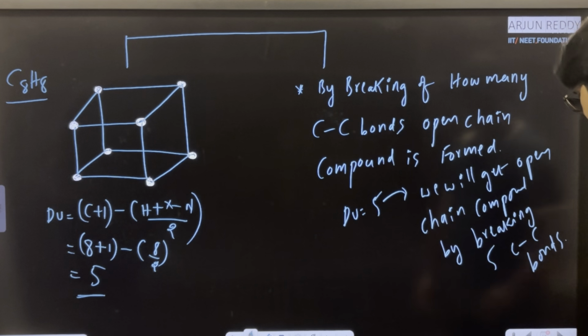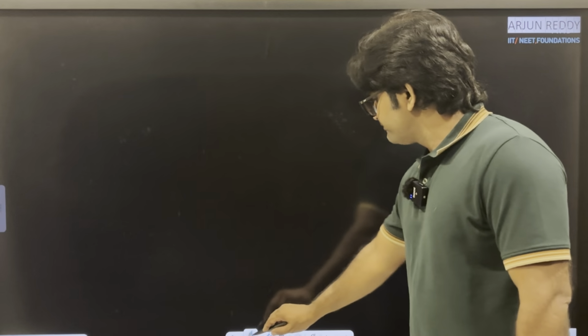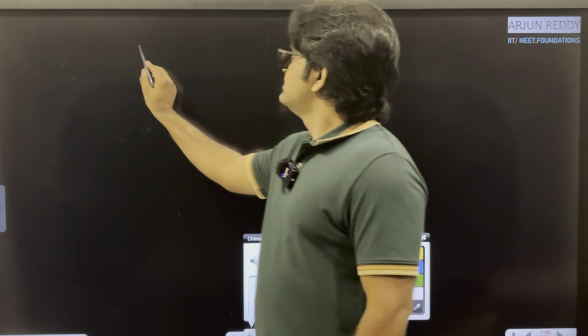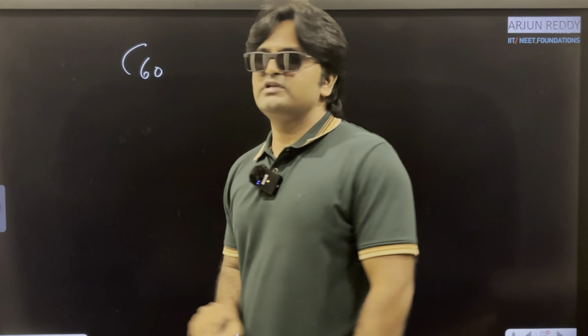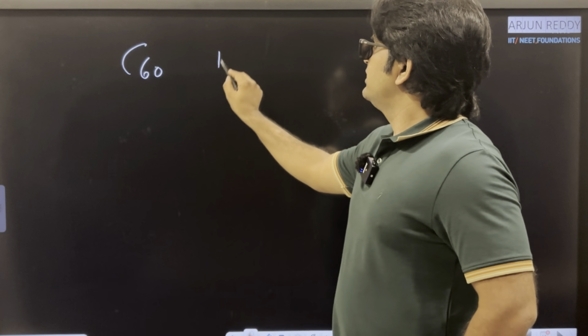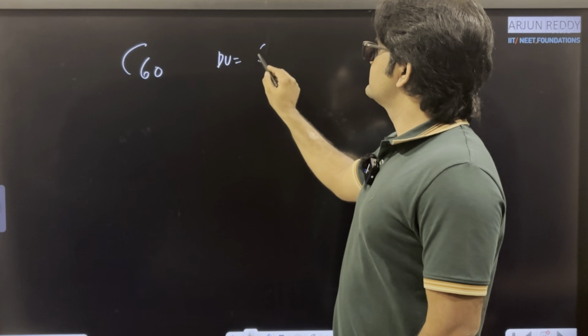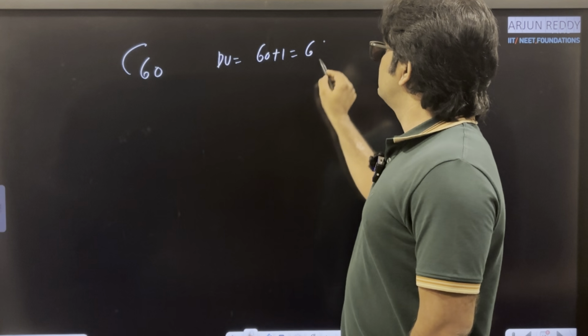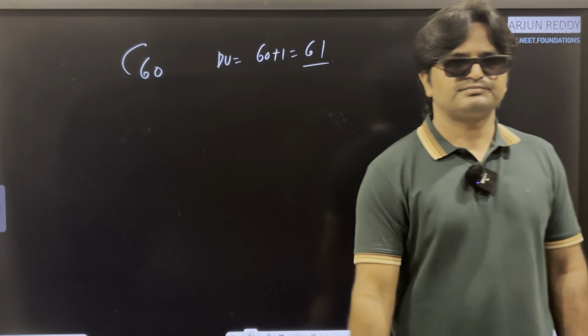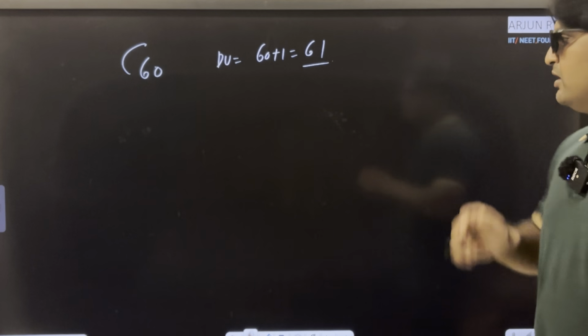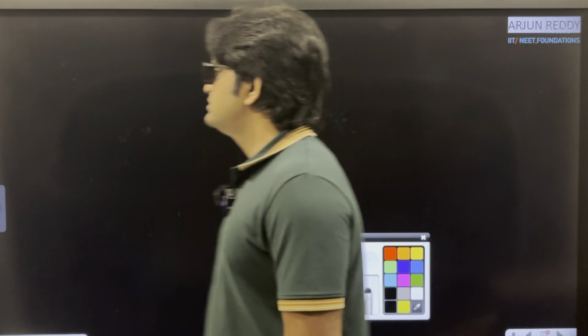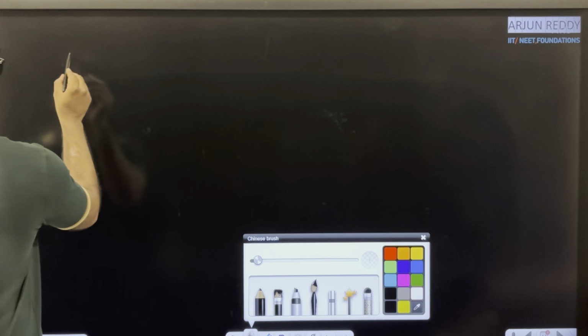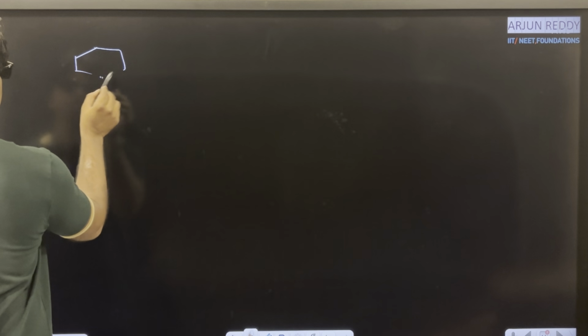Okay, right. Now let us calculate one more example, C60. What is the degree of unsaturation? Very simple: 60 carbon atoms plus 1 equals 61. That's it. For example, some other benzene rings are given like this.